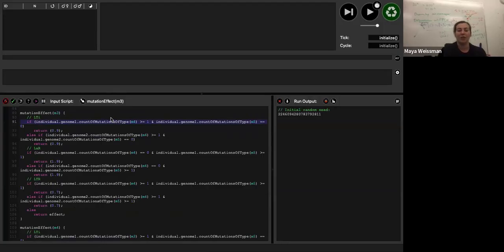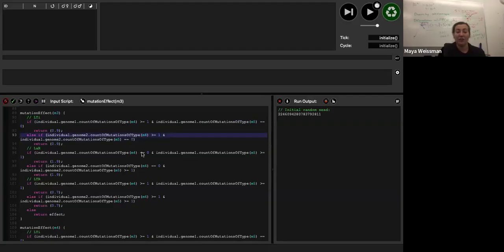So there's multiple different permutations here. First is if genome 1 has M4 but doesn't have M5. Then the same thing, but for the second genome.